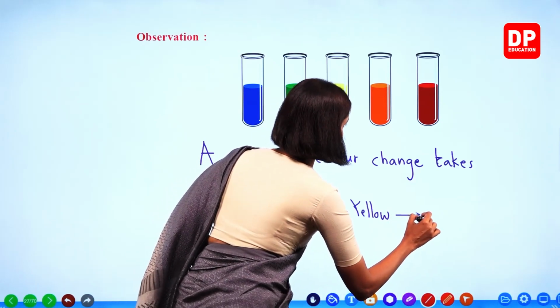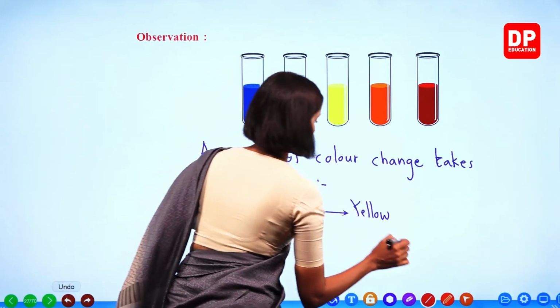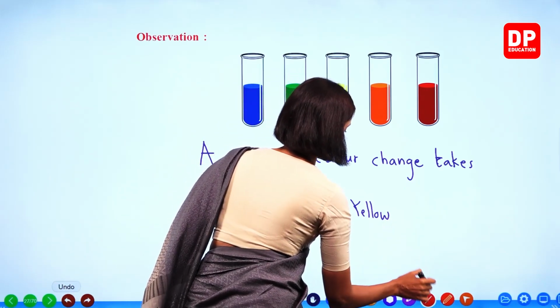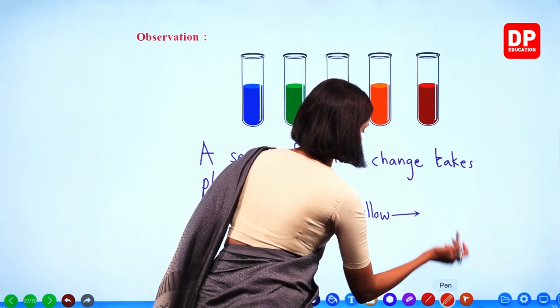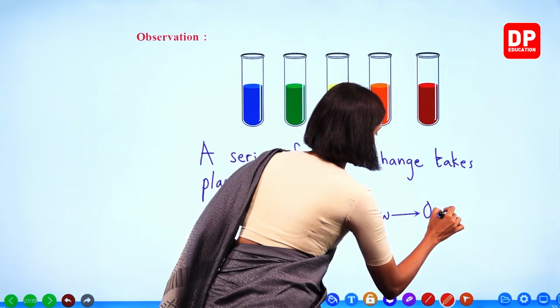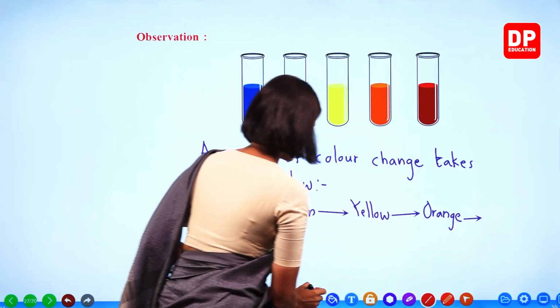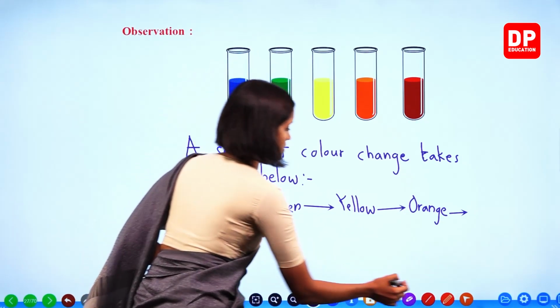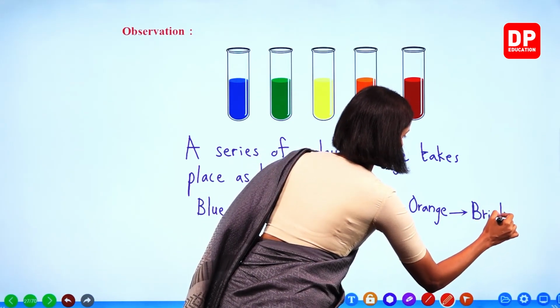Yellow changes to orange. And finally orange to brick red. Brick red.